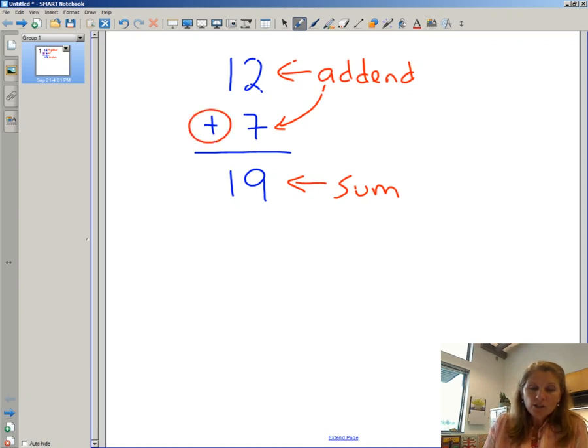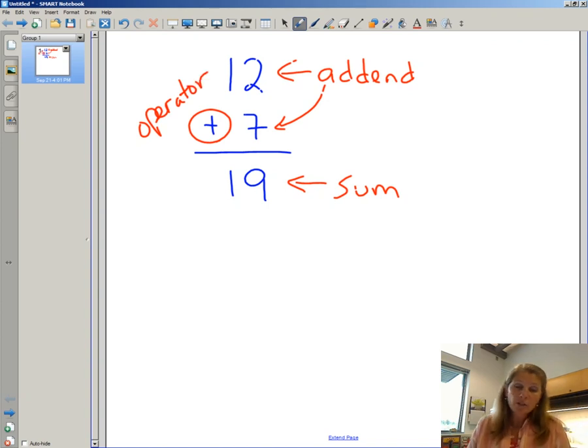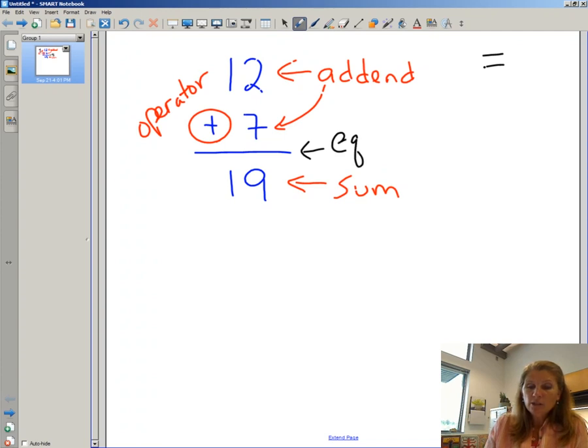The addition sign itself, that's an operator or an operation sign. And we also have this, which if I wrote in a different format would just be the equal sign. It's not an equal sign exactly, but it is an equivalent symbol. It suggests that these things are equal to each other. So we would want you to be able to name all of those parts.